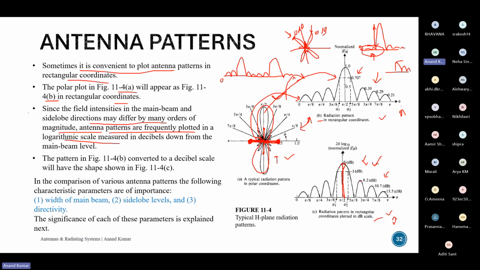You might have many major lobes. So this is an example of split beam. It could be two beams next to each other, it could be at different angles, it could be spread apart. There could be multiple, like five or six beams or split beams of the same magnitude in different directions. So it's fine.